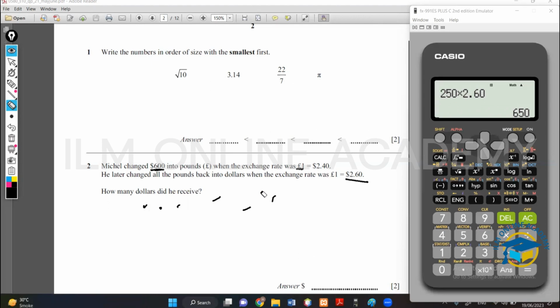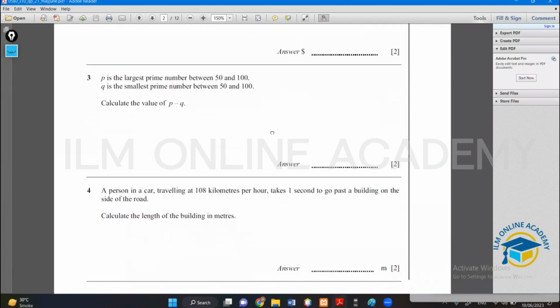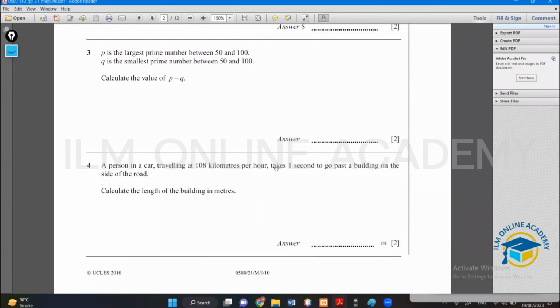Okay. So question number 3 is: P is the largest prime number between 50 and 100 and Q is the smallest prime number between 50 and 100.